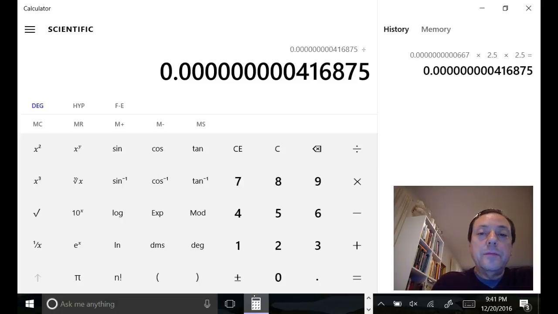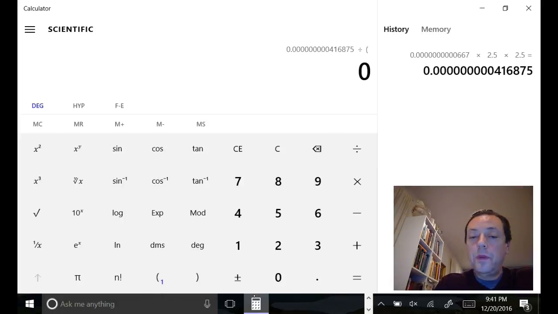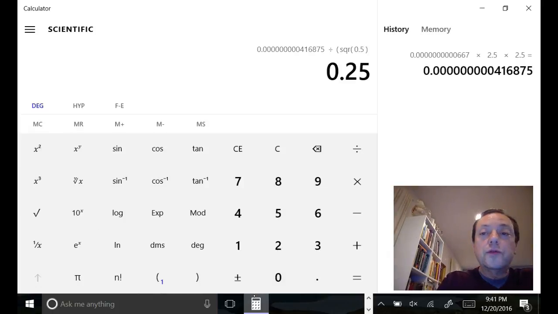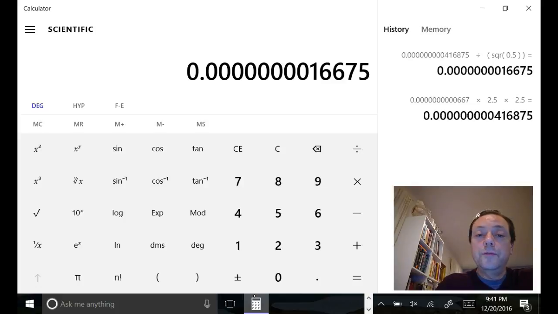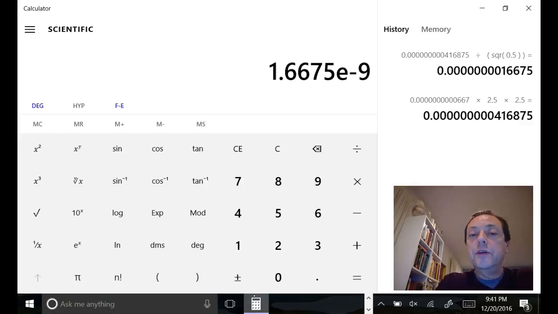Okay, and we're going to divide that by 0.5 squared, which is equal to that. Let's get it in scientific notation.